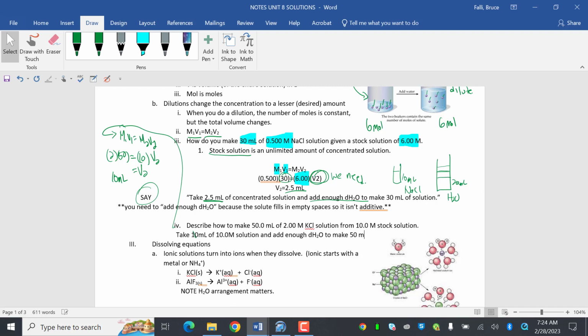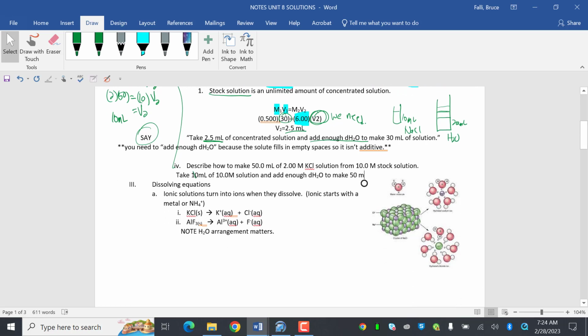Okay? I just don't want to ruin my little spacing thing here. So 50 milliliters. Well, let's see if I can back this up. Yeah, I can.